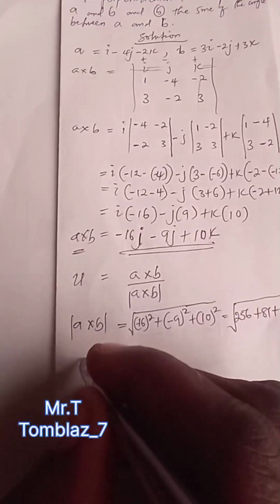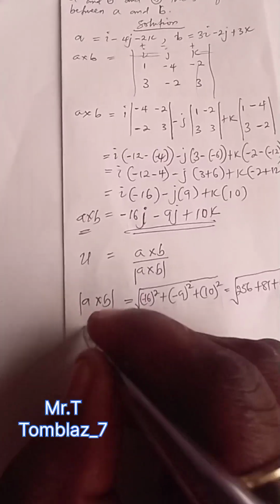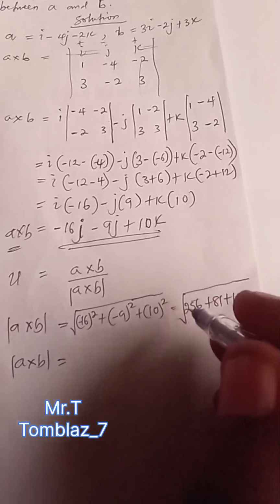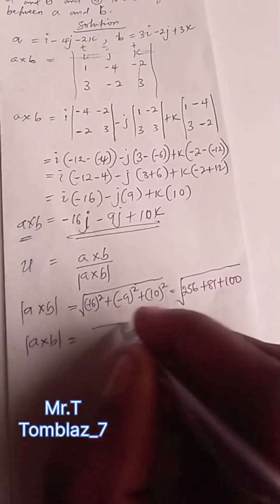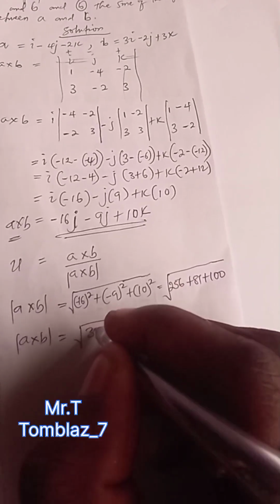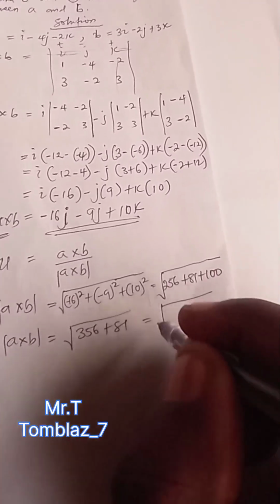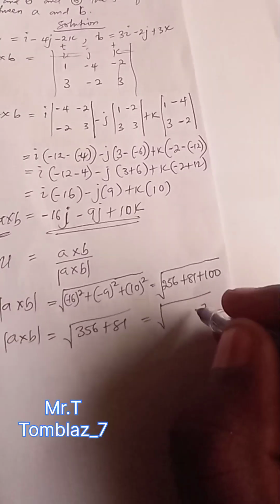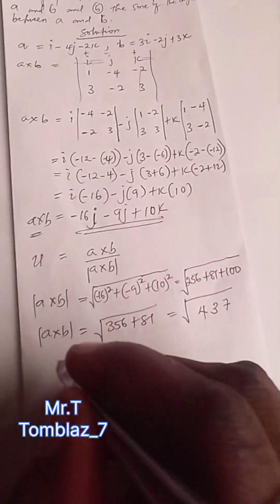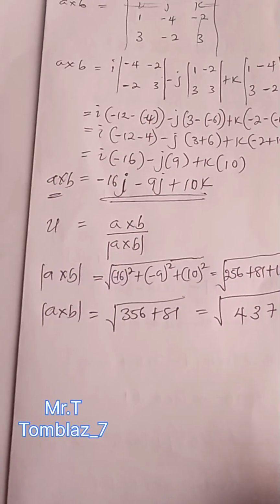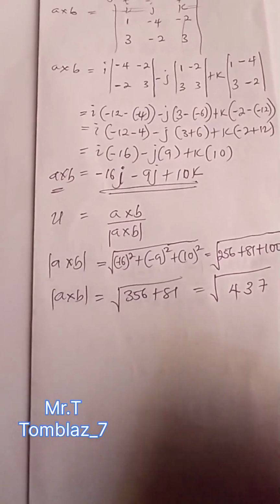Okay, so let's add all together. The modulus of A cross B will give you 256 plus 100 is 356, plus 81 is going to be square root of 437, right? So that's what we're going to get as the modulus of A cross B.